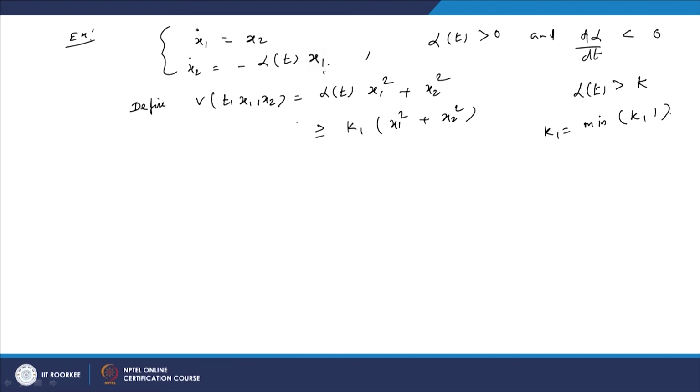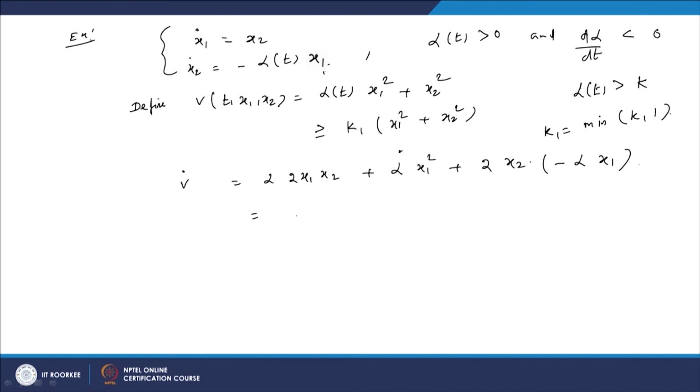So, it is a positive definite function, and we can easily prove that v dot is negative semi definite. Del v by del x1, that is alpha into 2 x1 into x1 dot, which is x2, plus alpha dot, d alpha by dt, into x1 square, plus 2 x2 into x2 dot, which is minus alpha into x1.